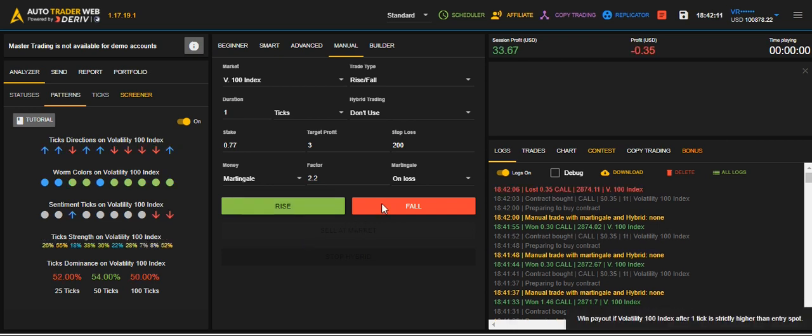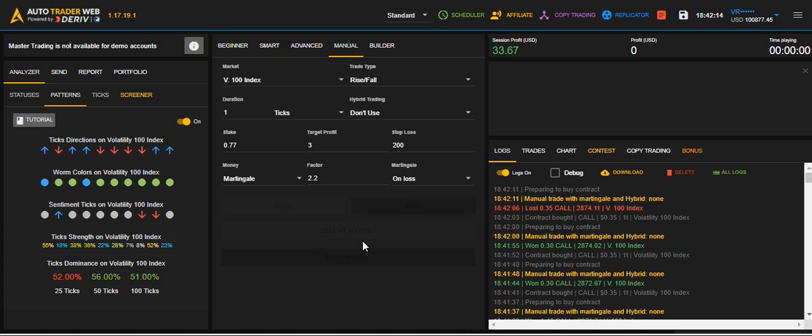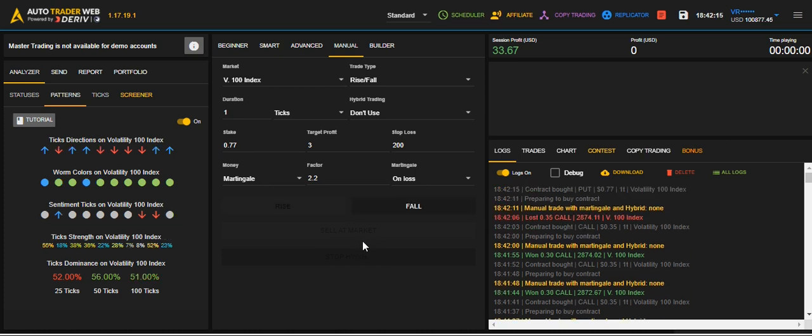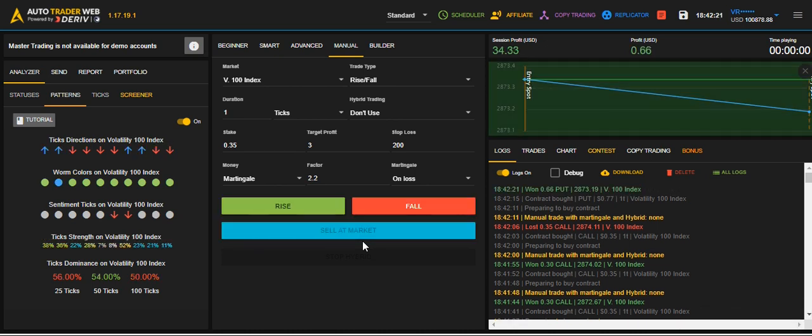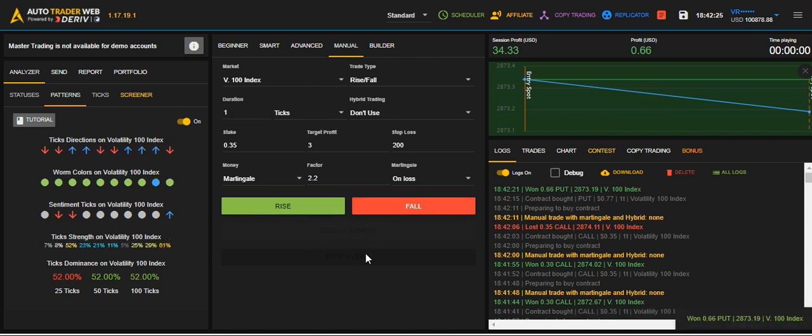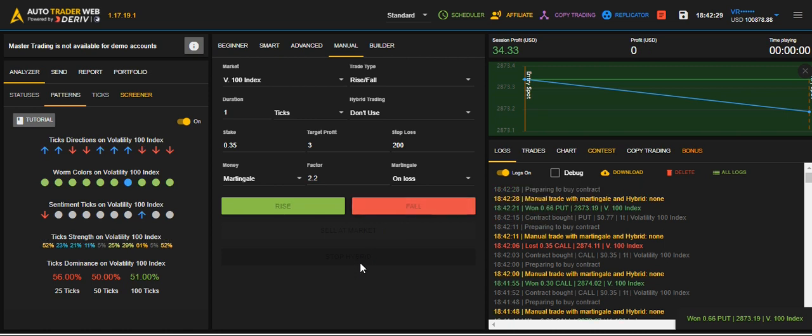We have to wait, yes, sell. Again it's sell, but I have to wait for a while. Yes, it reaches the right time to enter the sell.